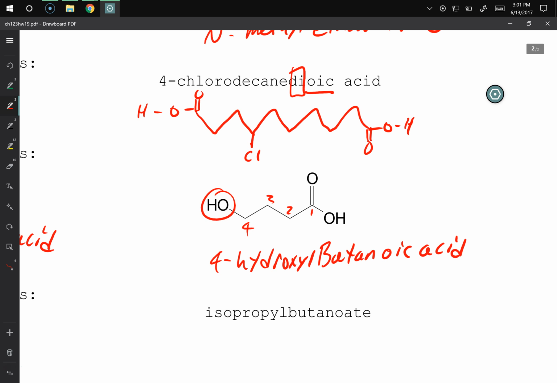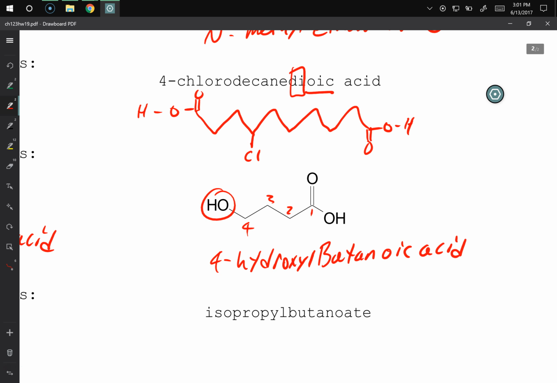I can name an alcohol side chain as hydroxyl. I can't name an acid side chain as anything other than being an acid. So that kind of ties your hands. But the real reasoning is which one of those two is more reactive, the acid or the alcohol? The acid's more reactive. So that's what I named the molecule for.